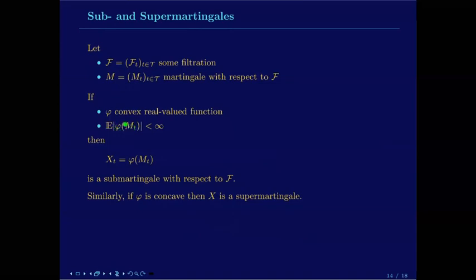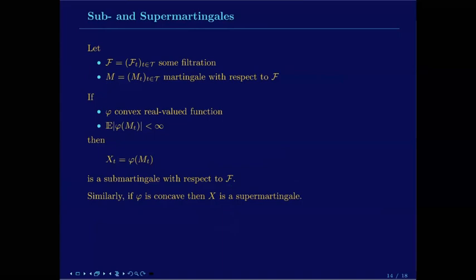In order to classify phi(M_t) as a sub or supermartingale, you of course need to establish the theoretical properties. In particular, the mean must exist. And then we can define the process x_t, which now has finite mean, as the evaluation of the function phi at the martingale M_t. And this is a submartingale with respect to the filtration.